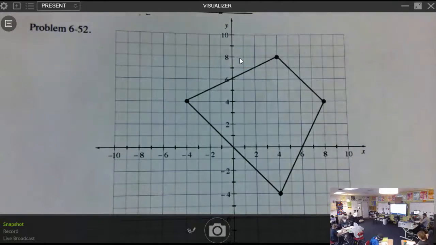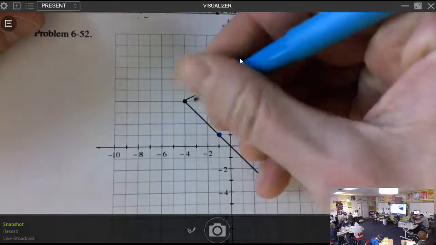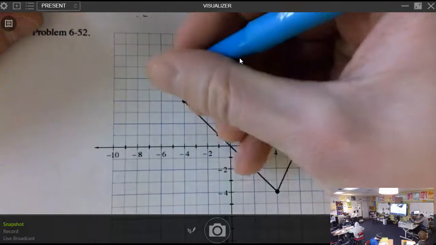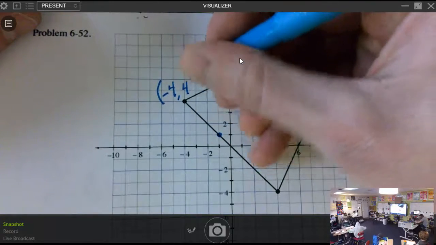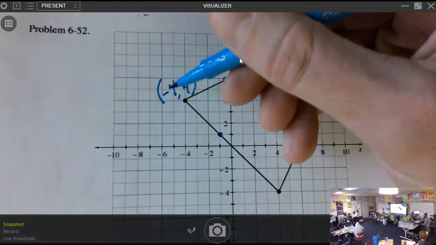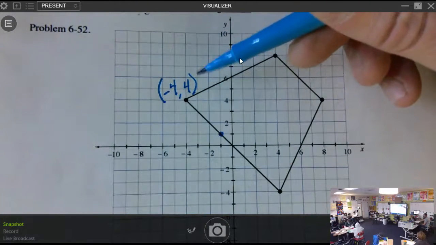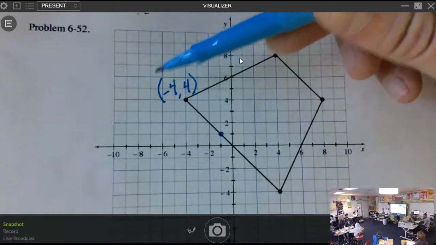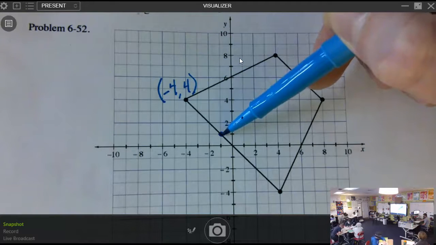Yeah, we'd be centered on the origin, because negative 4, guys, remember, x, y, the left, right comes first. The up, down comes second. So horizontal, then your vertical. That would then become negative 1, positive 1.